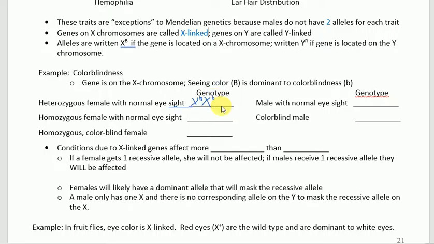If we have a homozygous female with normal eyesight, then we are looking at X^B X^B. If we have a homozygous colorblind female, then we are looking at X^b X^b. If we have a male with normal sight, we are looking at X^B Y. Colorblind, X^b Y.